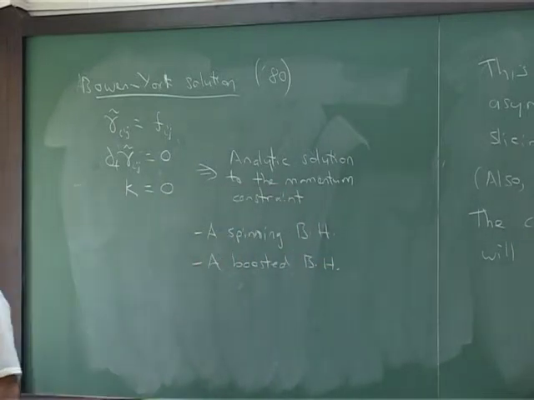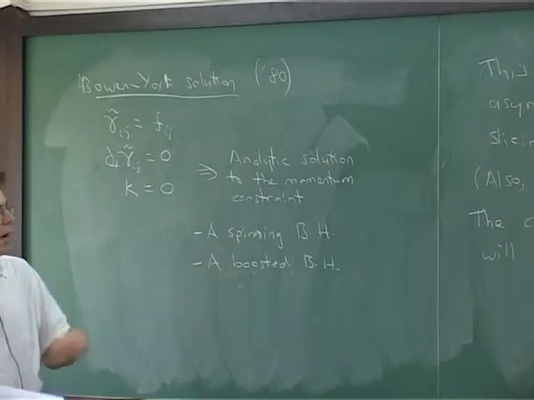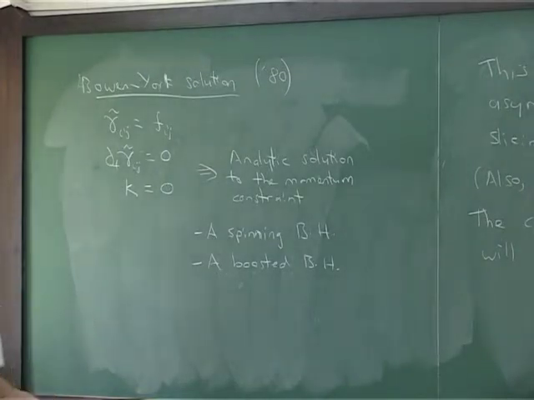So we can get the extrinsic curvature consistent with a spinning black hole or a boosted black hole, and the great thing is that the momentum constraint, once you've made these assumptions, is linear, and is in some sense independent of the Hamiltonian constraint.